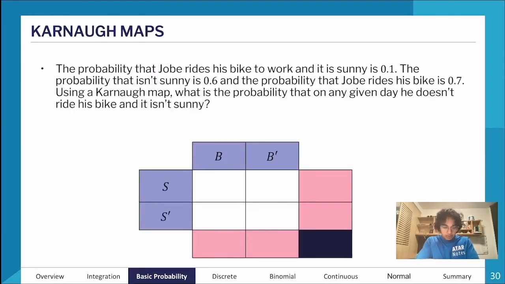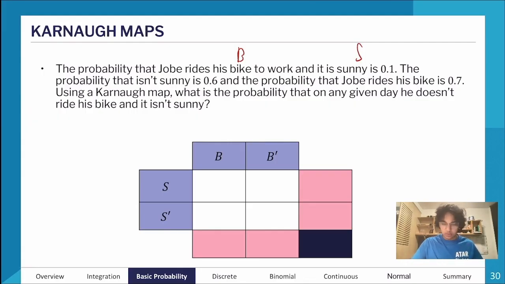So the probability that Joe rides his bike to work and it is sunny is 0.1. So we've got 2 events that we can characterize here. One event is that it's sunny. The other event is that Joe rides his bike to work. So I'm going to call that S and B. With probability questions, it's always helped me to highlight everything, annotate everything, just break it down from this big slab of text that's really annoying to read, to the key pieces of information that you need and not all the random stuff.